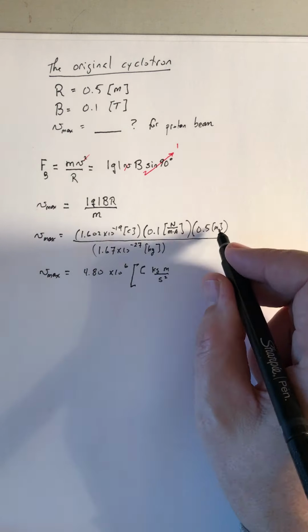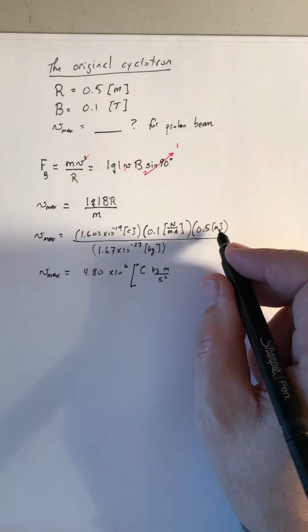In the denominator, I'll have that kilogram, and I'll have 1 over a meter for that, and then 1 over an amp would be a second per coulomb, since amp is in the denominator. So a lot of things cancel out.